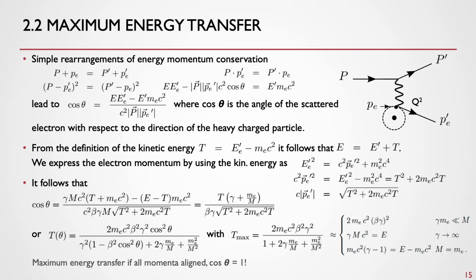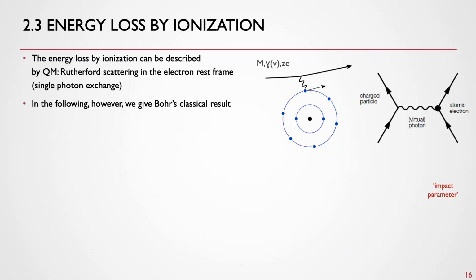Now, that was the calculation of the maximum energy transfer. Not a lot has happened. Now we need to talk about energy loss by ionization, perform the different steps and integrate up all the energy losses from all the electrons in a given slice of material the heavy particle is traveling through.